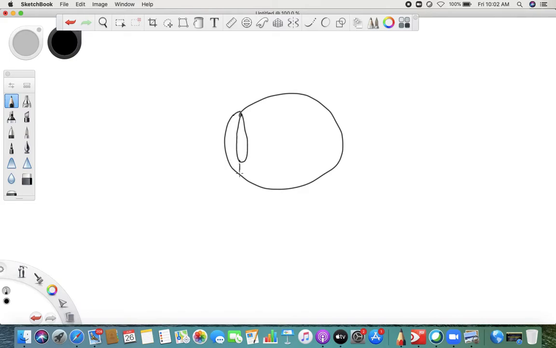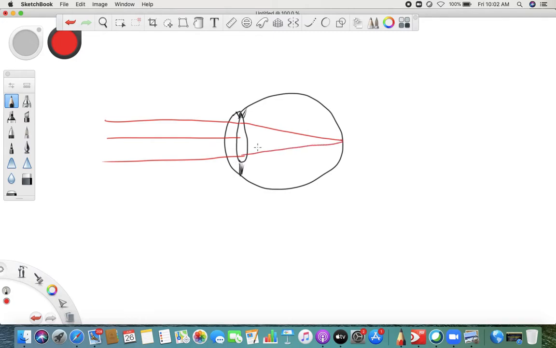Now whenever light is incident here, definitely parallel rays come. Whenever the rays come, they are incident on the retina. It should be here on the retina only. If they meet in front of the retina or behind the retina, you cannot see.